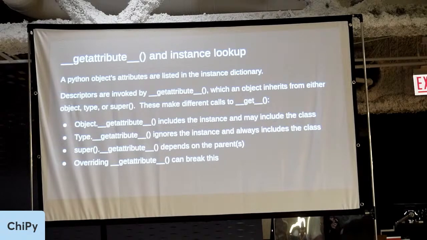One way will include the instance, the other way will include the class. So what is a function, essentially? It's an object. And what is a method? Well, a method is basically a function that has a reference to an object by showing up in that object's instance dictionary.